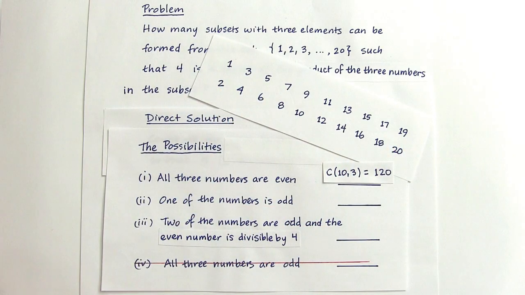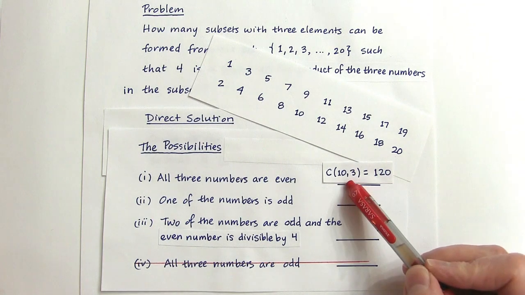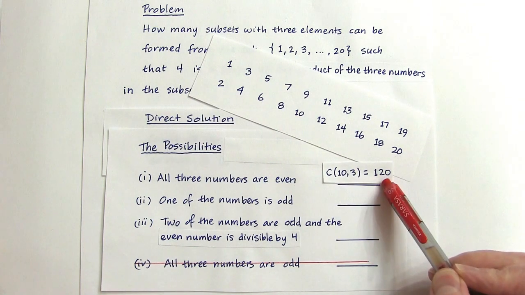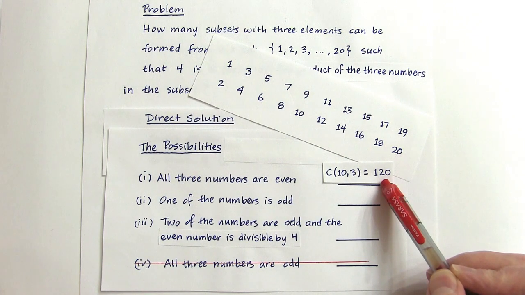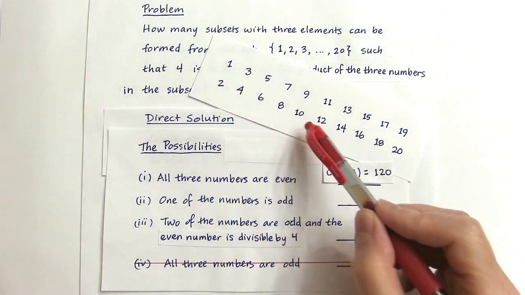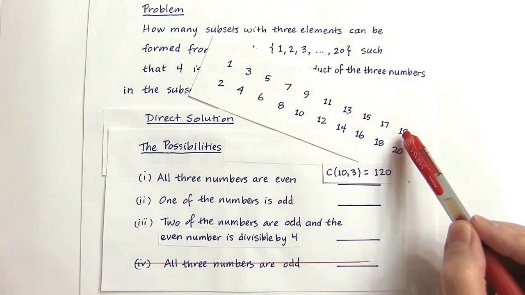And as we found in example 1, 10 choose 3 is equal to 120. So there are 120 ways that we could choose 3 even numbers from this set of numbers 1 to 20.